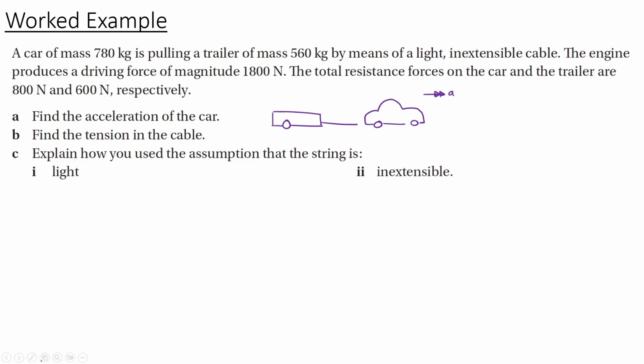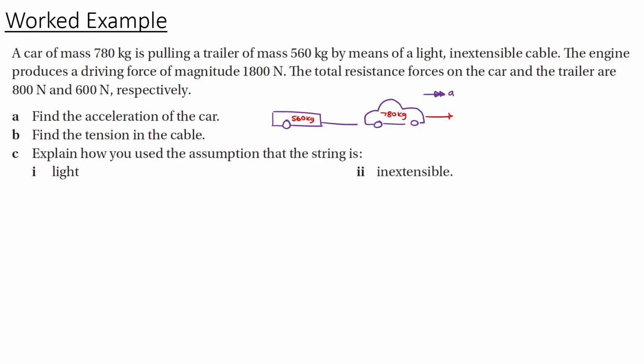And if I then go on to label all the information that I know, so I know that the trailer has got a mass of 560 kilograms and the car has got a mass of 780 kilograms.